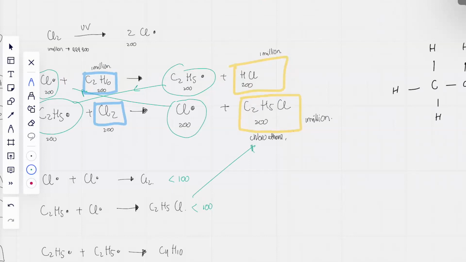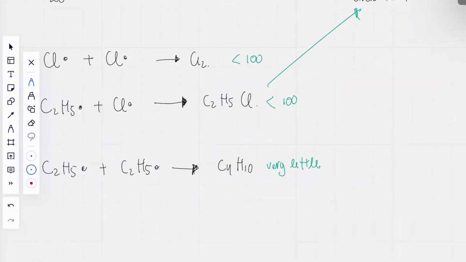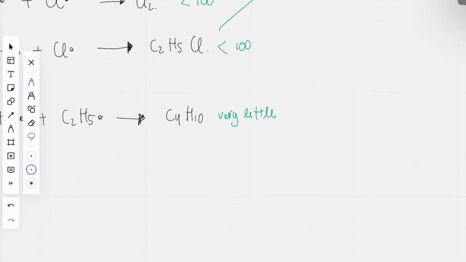So you mix up, so you don't know how much. This one is extremely little, and it's difficult for you to measure. But you can prove that it exists.